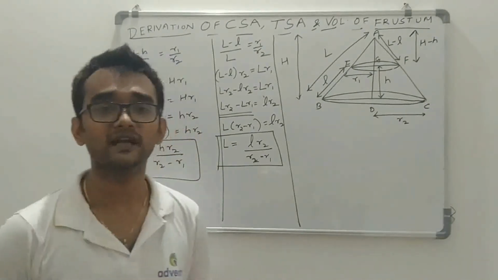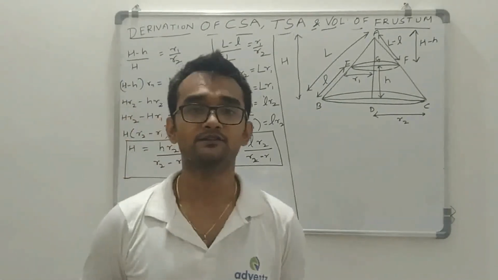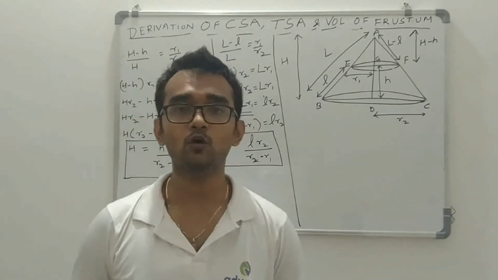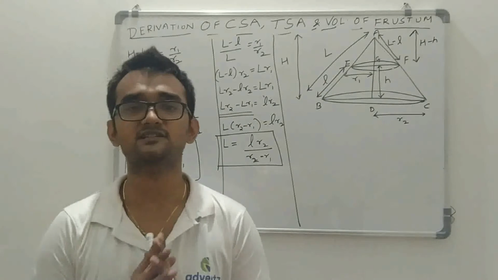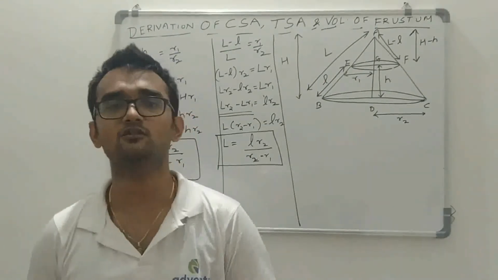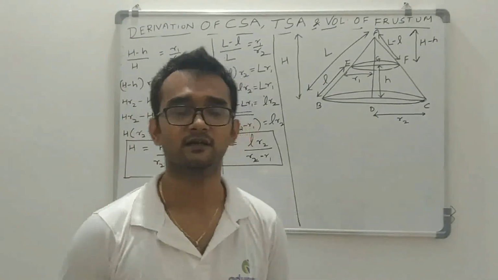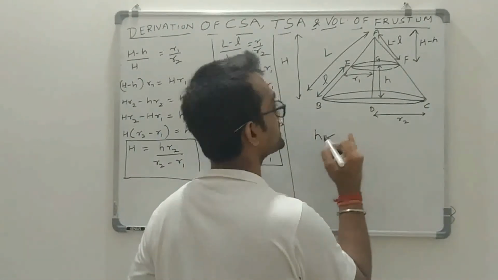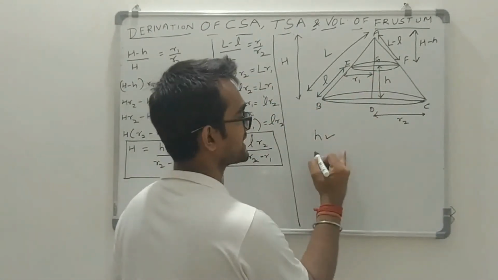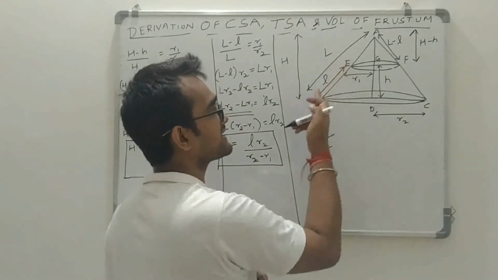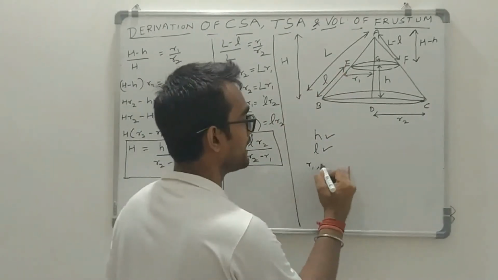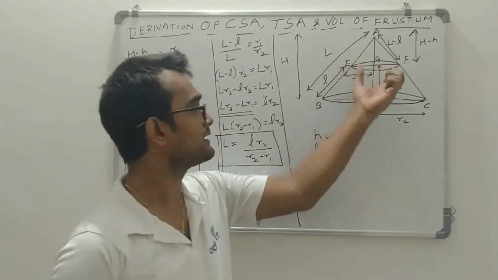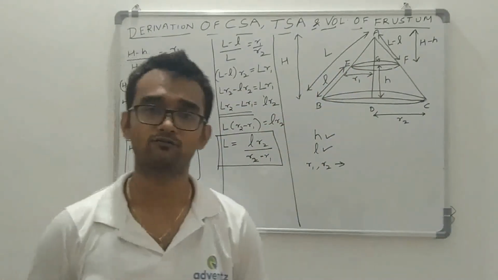The basic reason is that I am deriving the different formulas of the frustum. So in the formulas of the frustum, only the parameters of the frustum will be considered. And what are the different parameters of the frustum? The first one is small h, which is the height of the frustum. The second one is small l, which is the slant height of the frustum. And R1 and R2 are the radii of the upper and lower circular portions of the frustum.